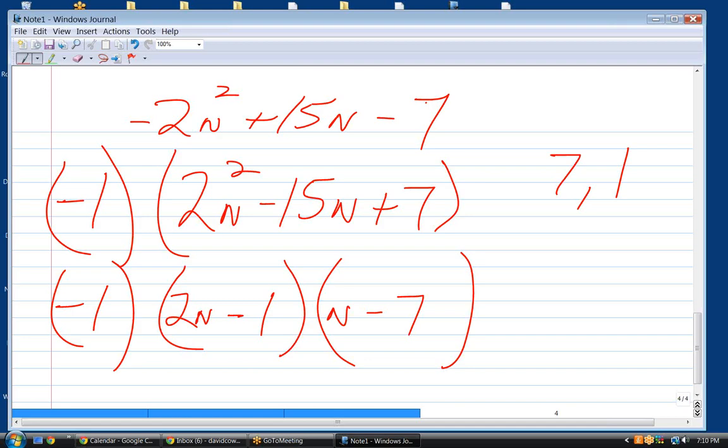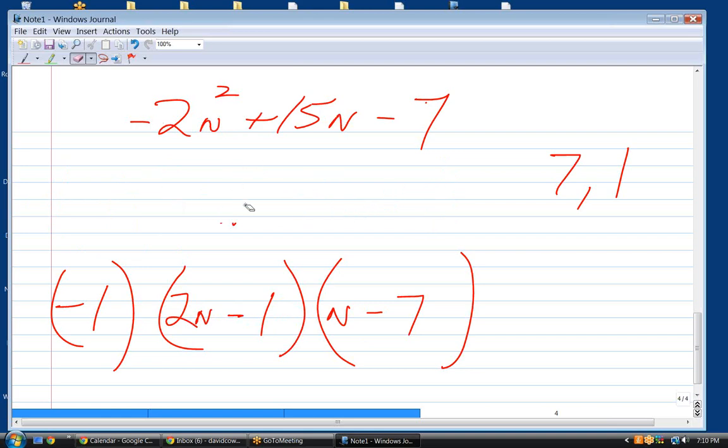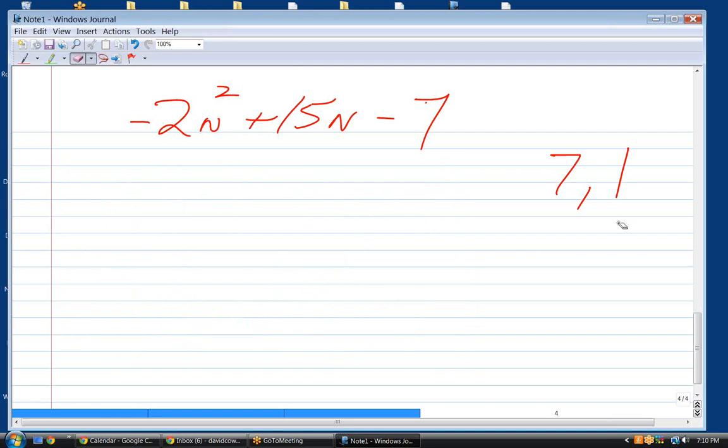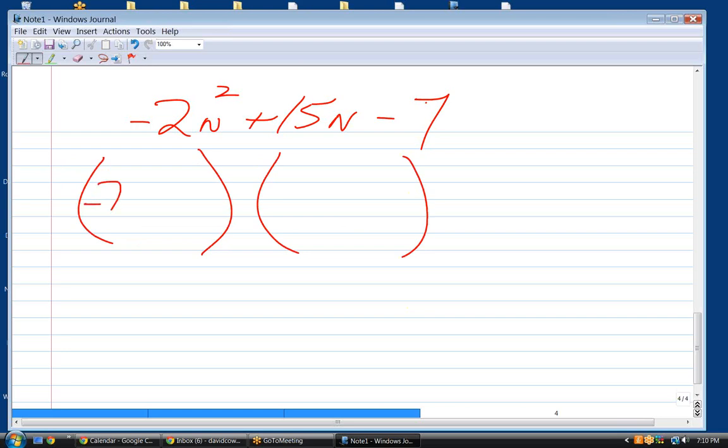Okay? Now, the reason I think this is much easier than doing this one up here is if I start with this and I don't factor out that negative 1, then what I start with is a negative 2n and an n.